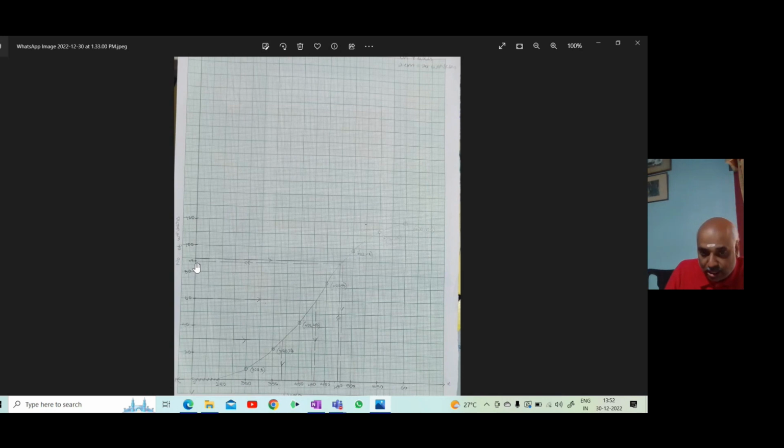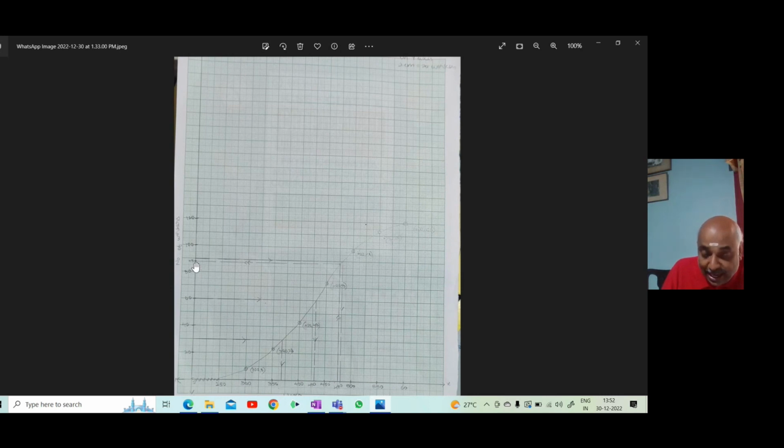So there are 88 workers drawing less than 475 rupees. But the question asked is, what is the percentage of workers earning more than 475? So more than 475 means what is above this.